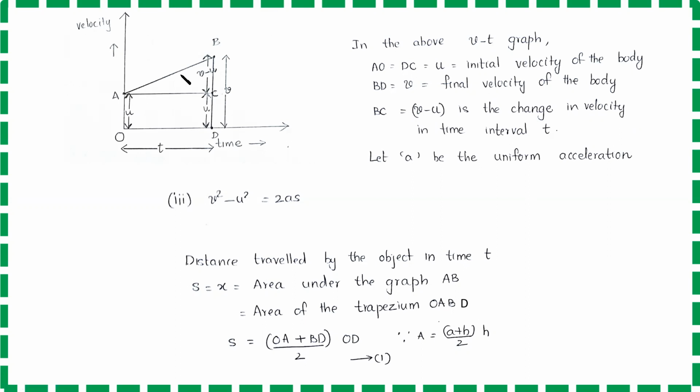Area under the graph means area of this complete trapezium. In the previous case, we have taken it as two parts. Presently, for our convenience, we will take it as a trapezium. So the area of this trapezium OABD will give us the displacement.